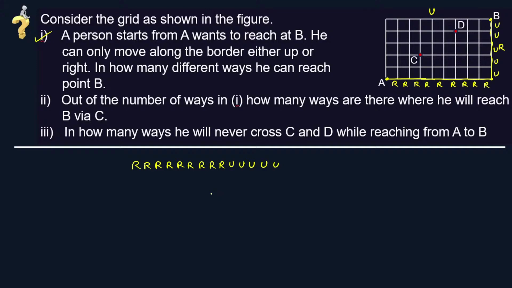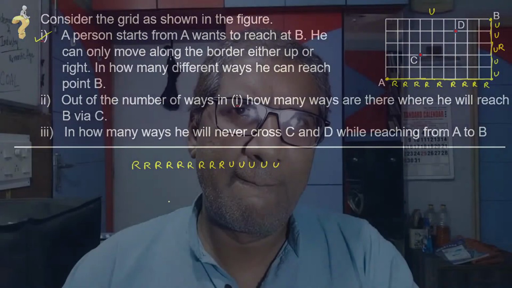Now think it very carefully. If I arrange all those letters, then the total number of ways that we are going to have will be the total number of ways the person can reach from A to B. Am I correct or not?